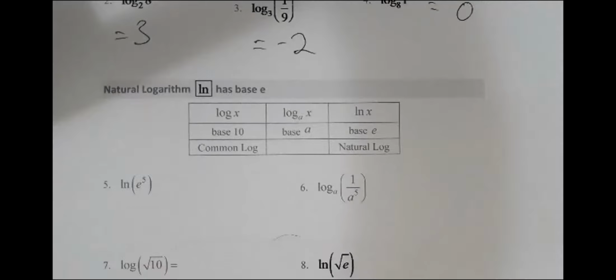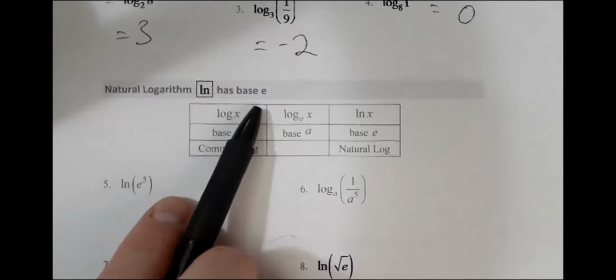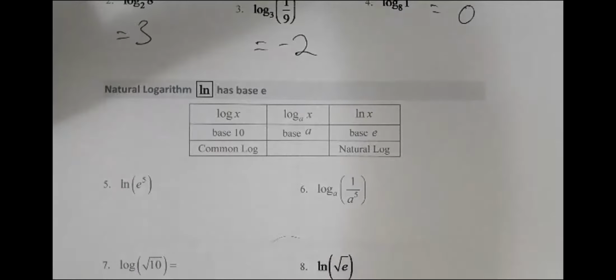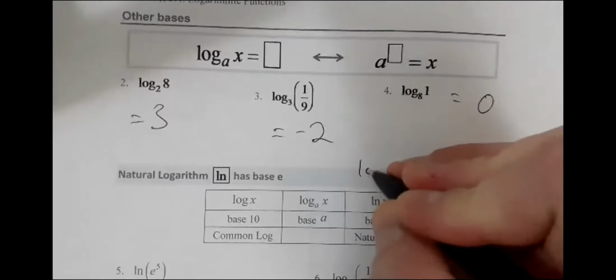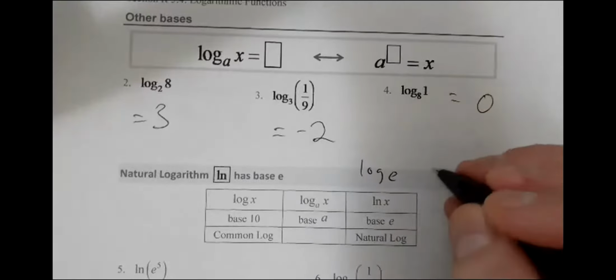So when we did exponentials, we did some things with base e or Euler's number. And so now we want to talk about the inverse of this. So this is the natural exponential. This is the natural log. And so if you see ln, you can do ln if you did log base e on your calculator.